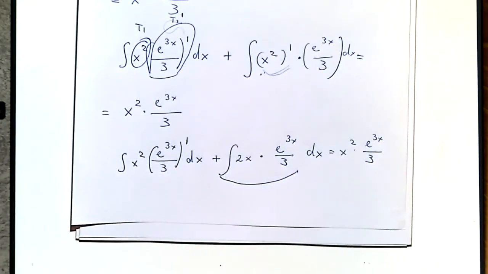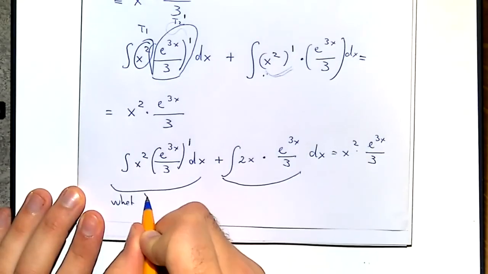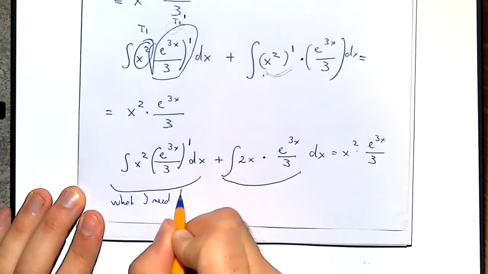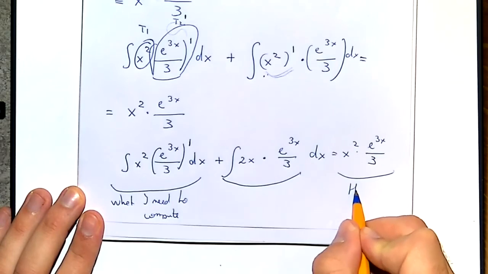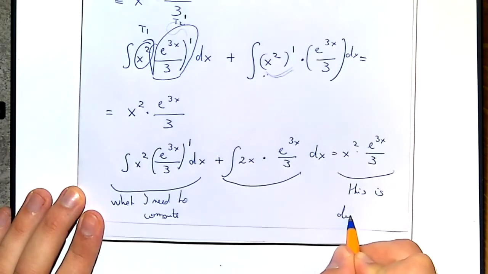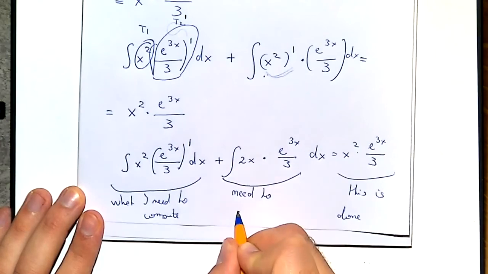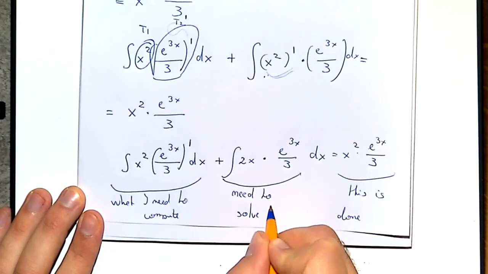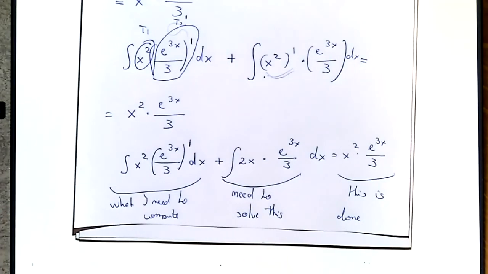Let's agree on something. You can't actually do anything on any other term. So this is what I want to find out. This is what I need to compute. And this is done. So I just need to solve this. Okay.